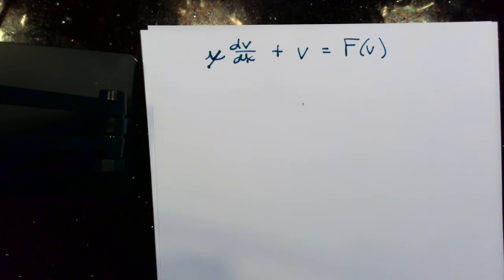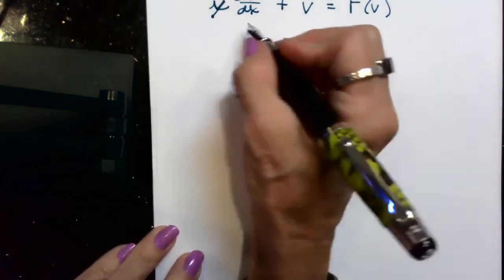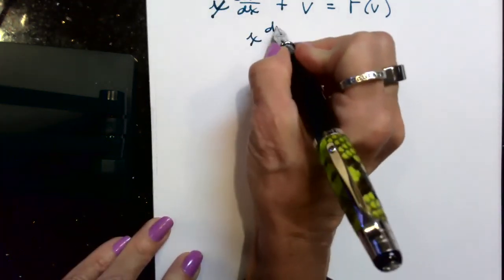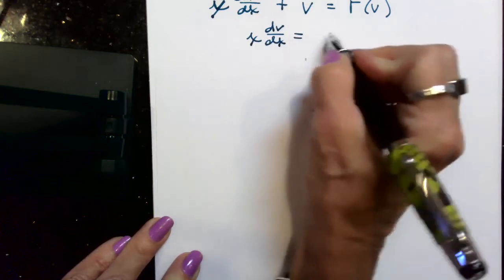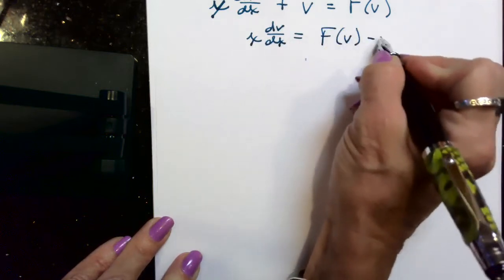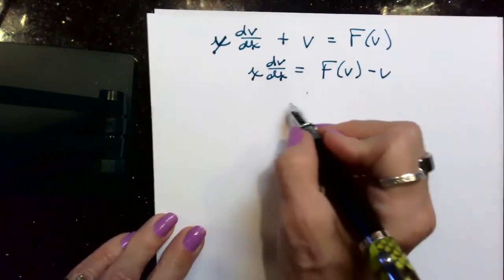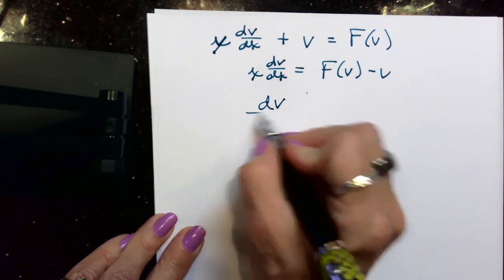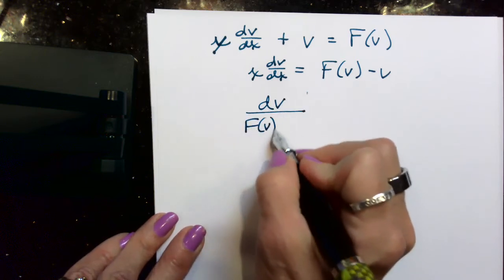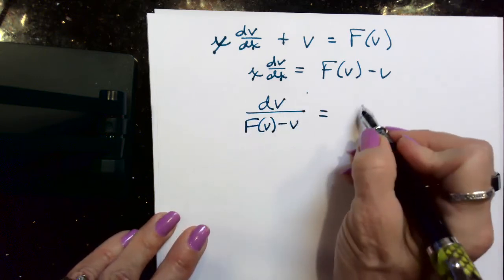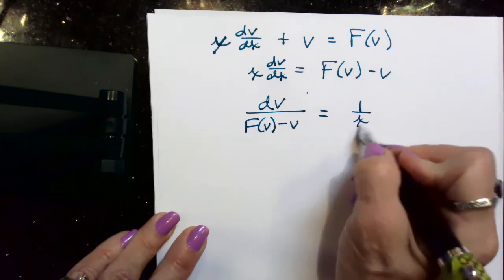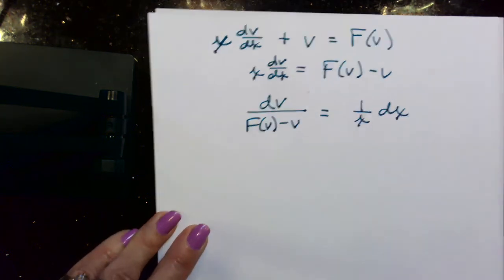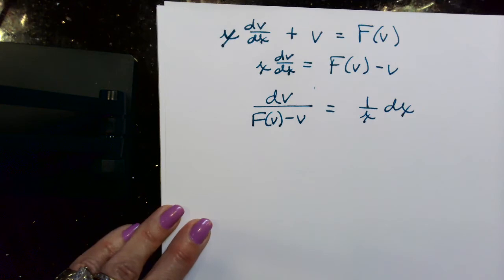Rewriting that a little bit, it says x dv/dx is F of v minus v. And rewriting this a little bit more, it says dv over F of v minus v is equal to 1 over x times dx, just using some algebra to rewrite that.